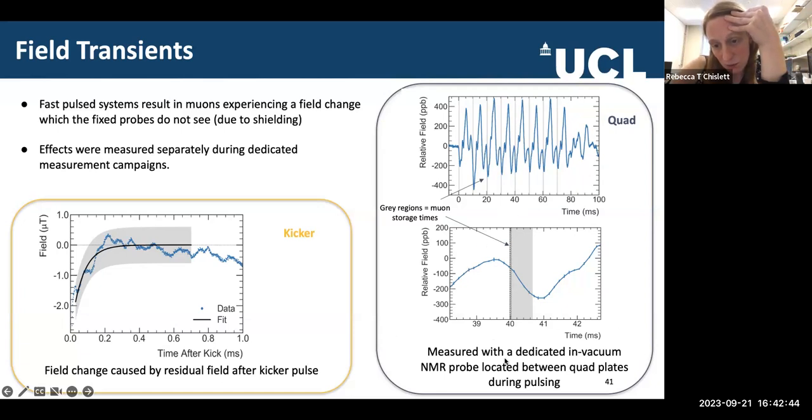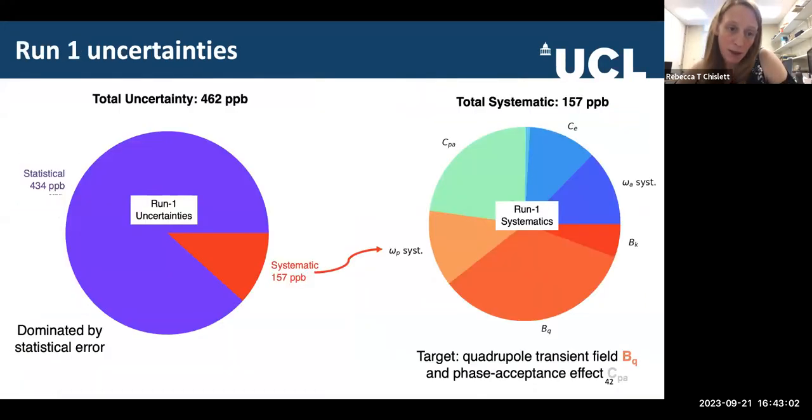There's a zoom in on the bottom, and these variations were measured with a probe that was designed to go in the vacuum, and then you pulse the quads and see what you detect with that. And this was improved for run 2 and 3 as well.